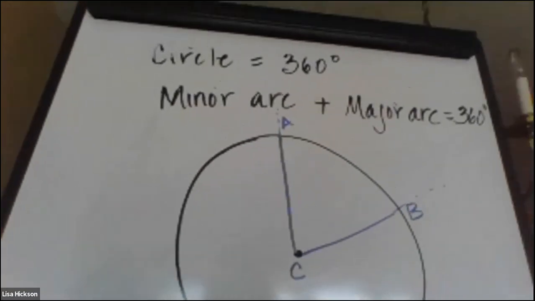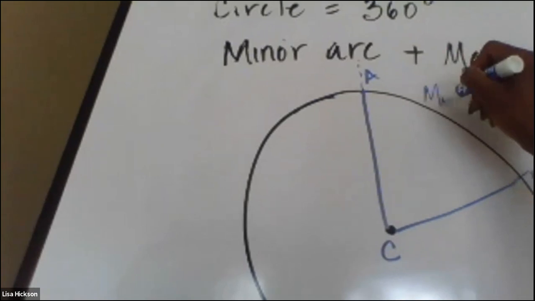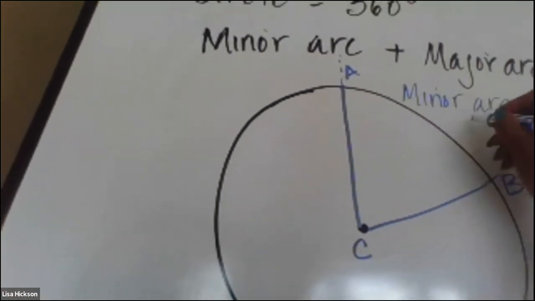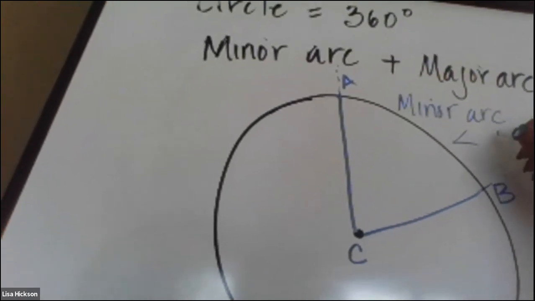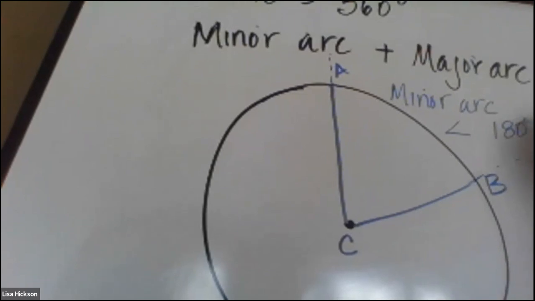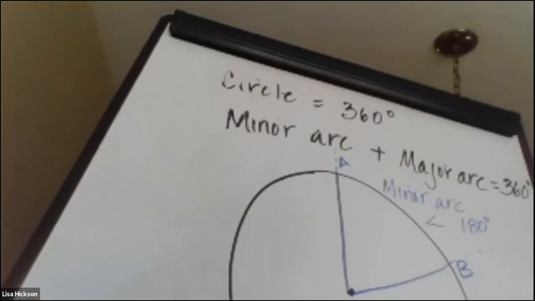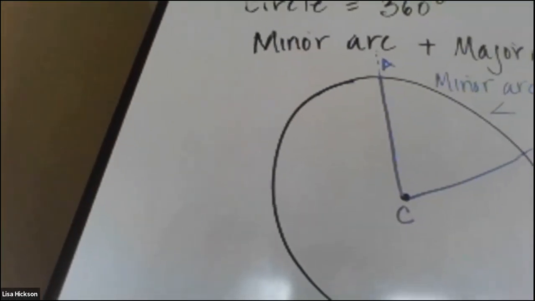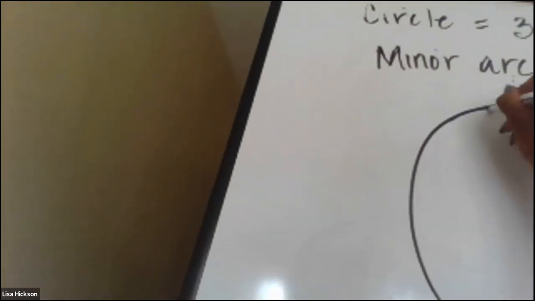So the minor arc is going to be less than 180 degrees. And then the major arc, and that's all of this piece.